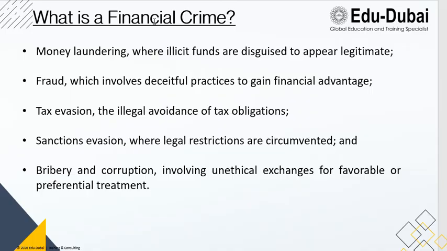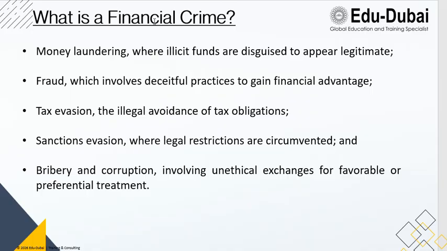So the first two types of financial crime we have learned, and the third one is tax evasion. Denying the government the legitimate income is tax evasion. As we know, there are limits for income reporting.